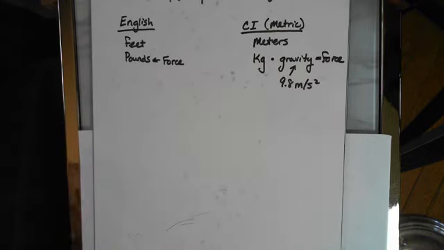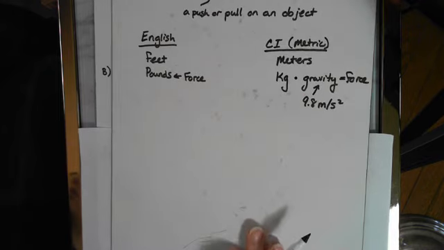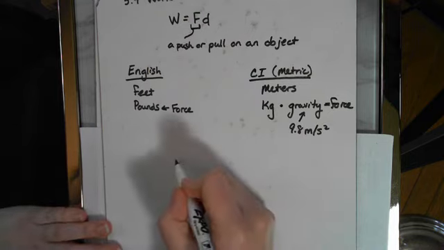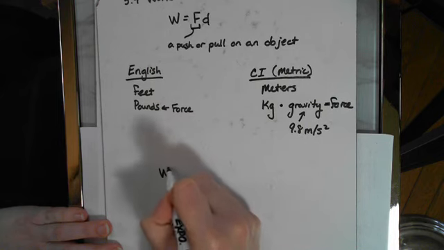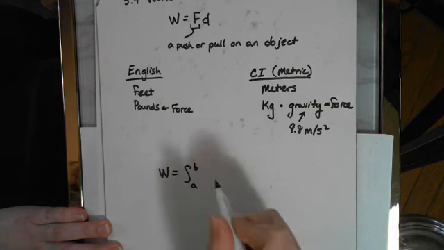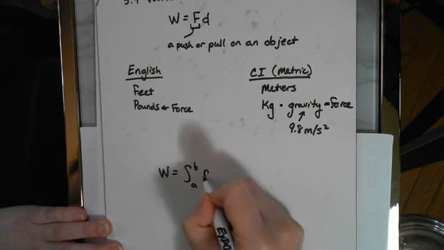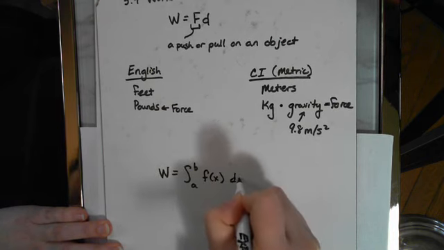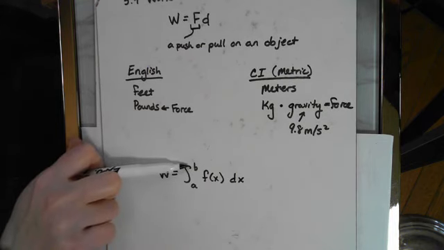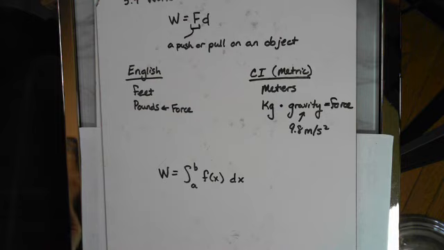What we do is instead of using work equals force times distance, we're going to set up an integral. So if the force is not constant, then work is the integral from a to b of our force function f(x) dx. Now, a to b are going to be defined generally by the distance that the object is moving.